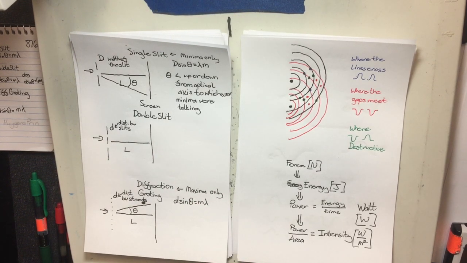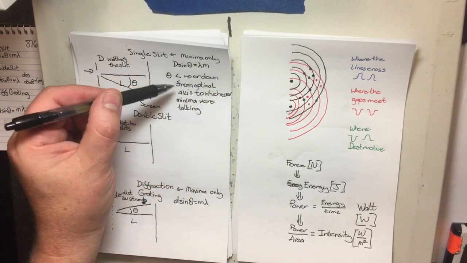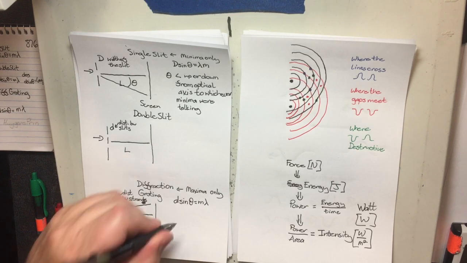And that deals with maxima only. And once again, theta is the angle up or down from the optical axis to whichever maxima you're talking about.